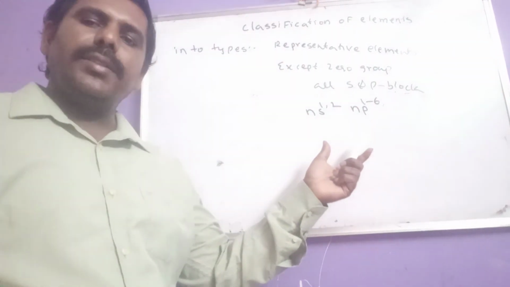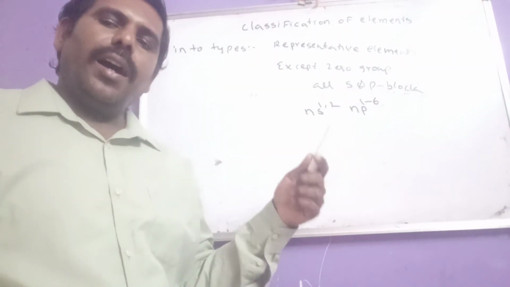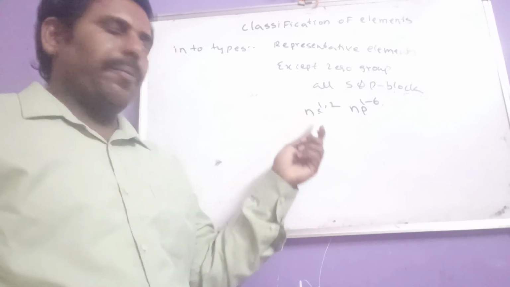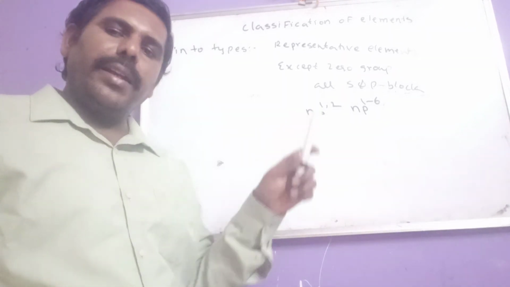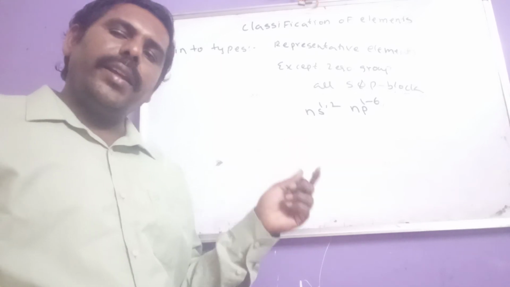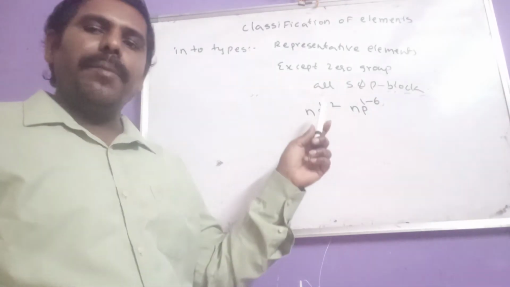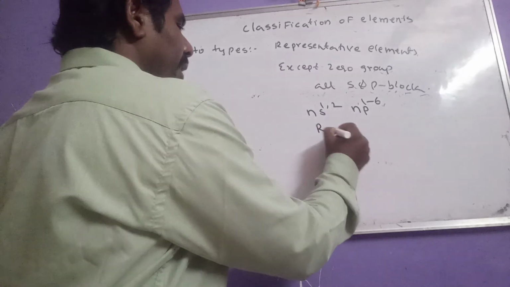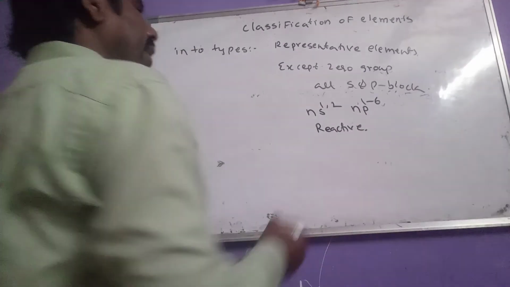As these elements do not have octet configuration, either by losing or by gaining or by sharing electrons, these elements try to get the inert gas configuration. So all these elements are highly reactive.